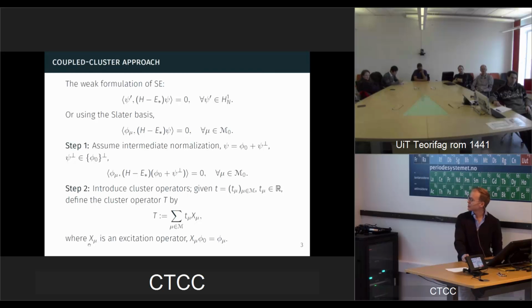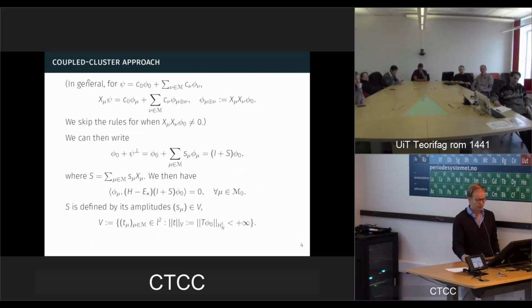And this excitation operator we define like this. So acting on the reference determinant, it creates the determinant determined by the subscript here. So this multi-index mu determines what one electron functions build up this determinant phi mu. And of course we could do this more in general.